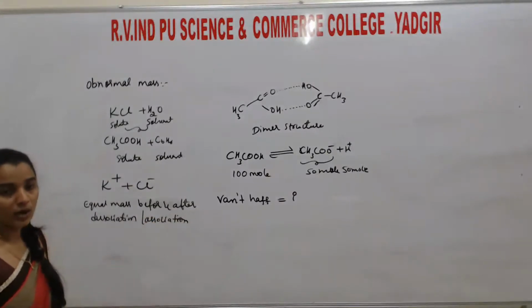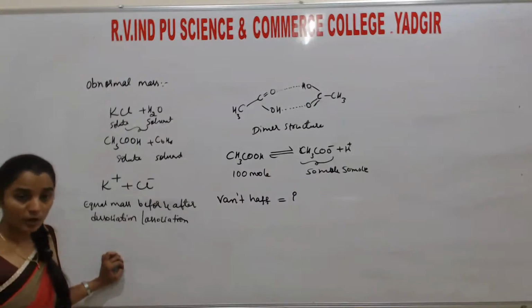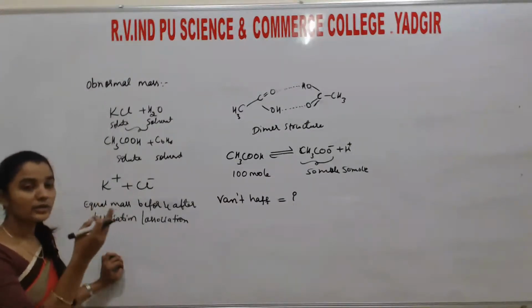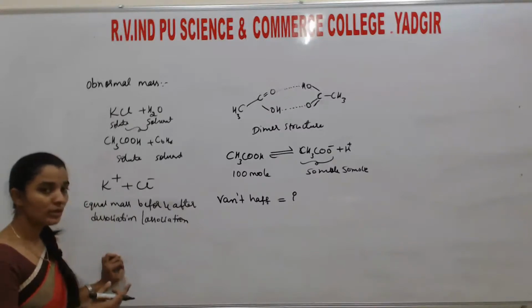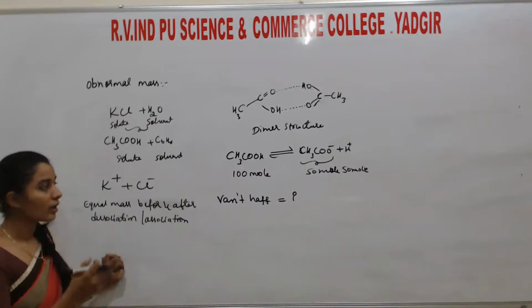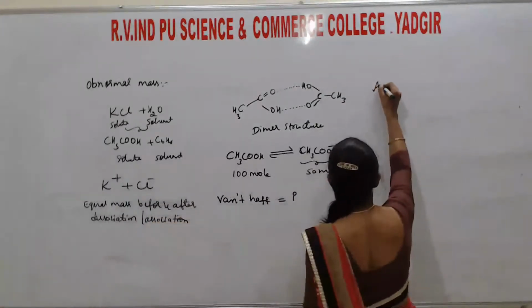It gives the ratio of normal mass to the abnormal mass. What is the abnormal mass? It is either the increase or decrease in the masses of the substance after dissociation or association compared to the normal mass.